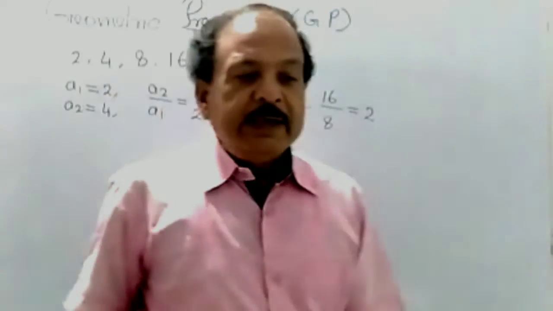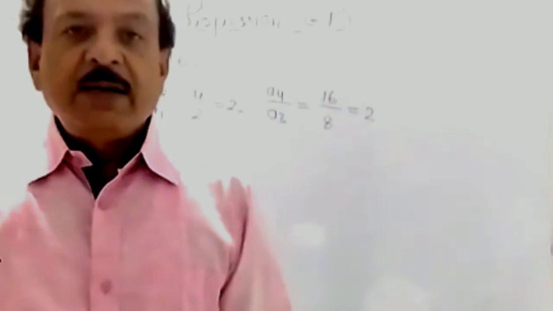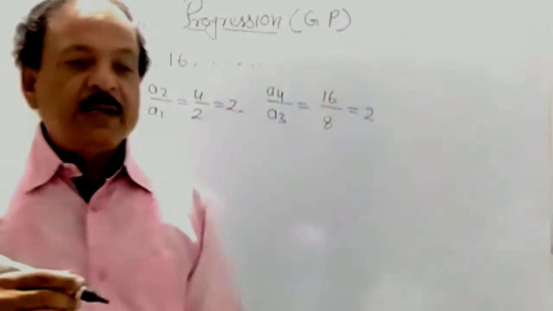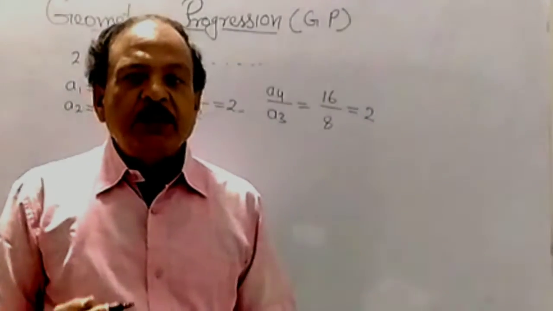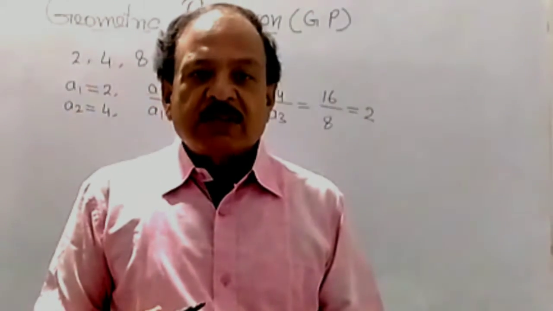In each case, if you divide the succeeding term by its preceding term, you get 2. 2 is a constant.